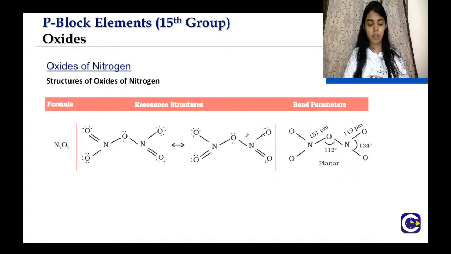Okay, first you tell me the number of electrons for nitrogen here.